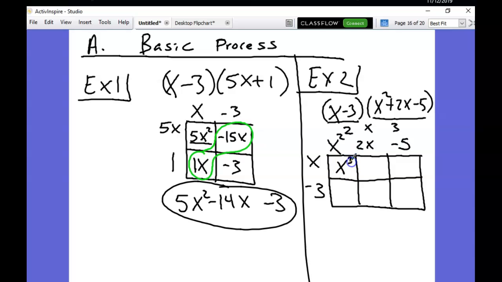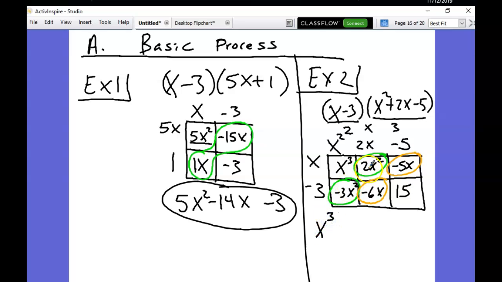So that would be x cubed, 2x squared, negative 5x, negative 3x squared, etc. Once again, like terms are usually, but not always, diagonal from each other. So I've color-coded them there. My biggest power is x cubed.